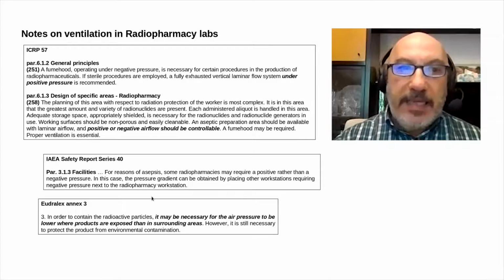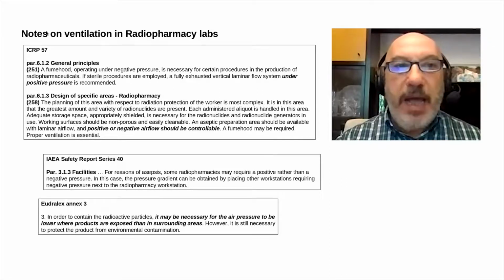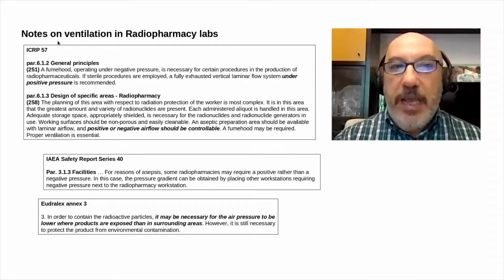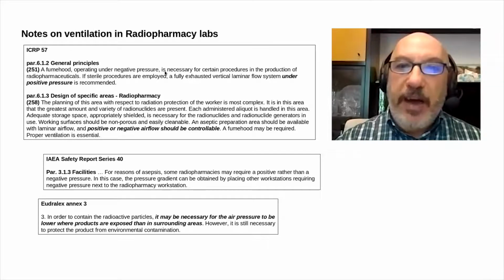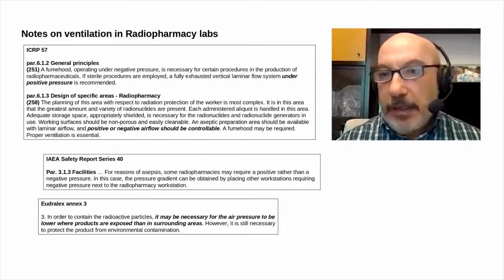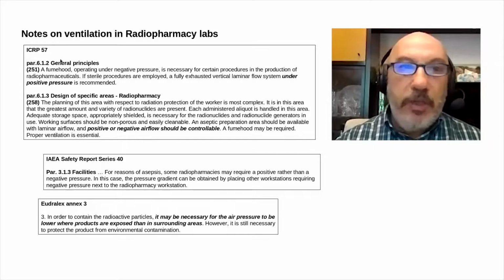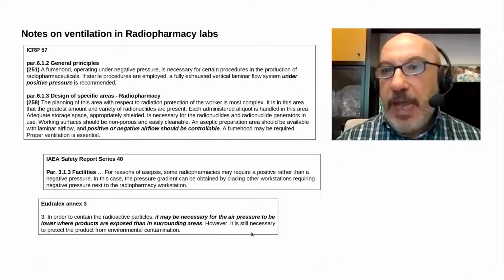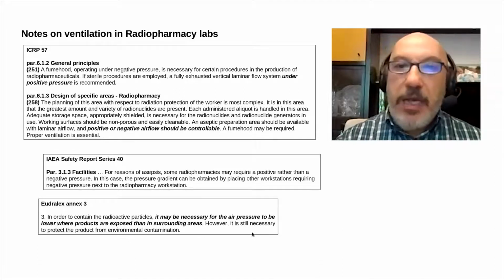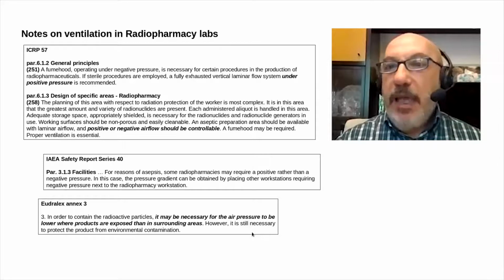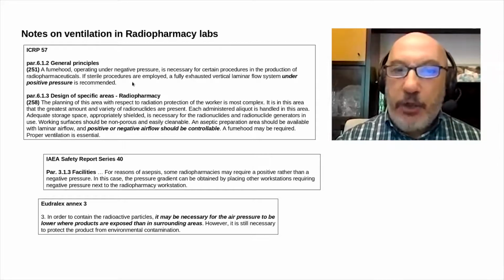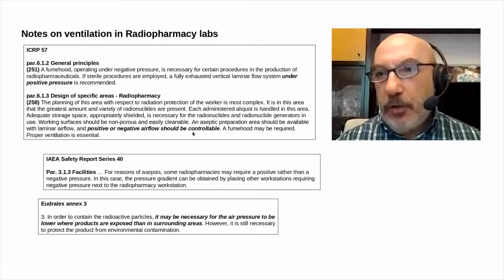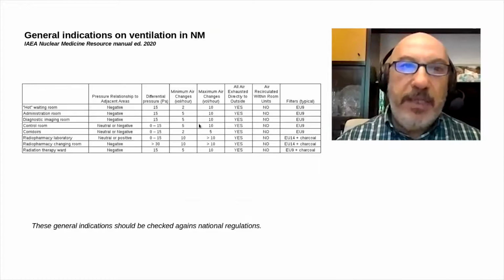slides. And as I said also in another presentation about unsealed sources, there is not a real conflict between radiopharmacy regulation and radiation protection regulation, because all the reference documents like the ICRP, the IAEA, and the GMP regulation of Europe give clear indication that there are all the technical possibilities to have a proper compromise between the requirement for negative pressure in radiation areas and the requirement for positive pressure in some areas of the radiopharmacy laboratory.